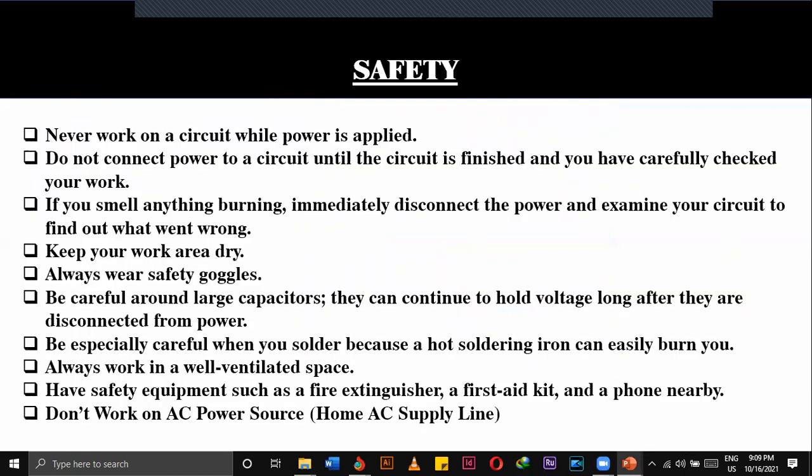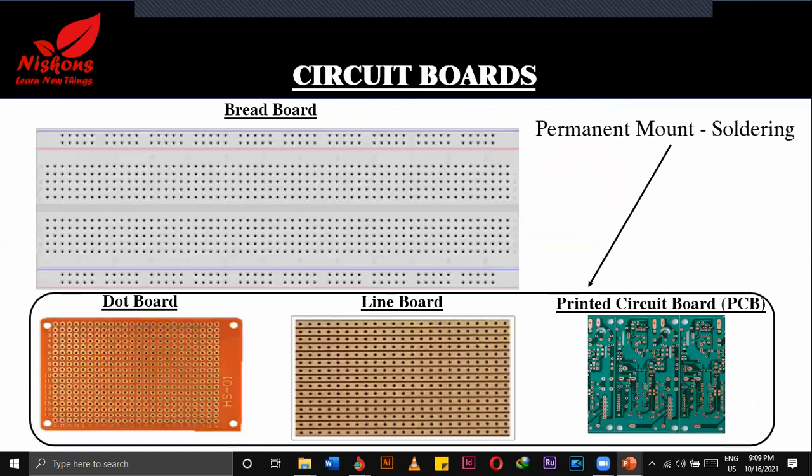We also have to be aware of safety. Before we get into safety, I'm just going to explain about circuit boards. Circuit boards are used to connect wires together.